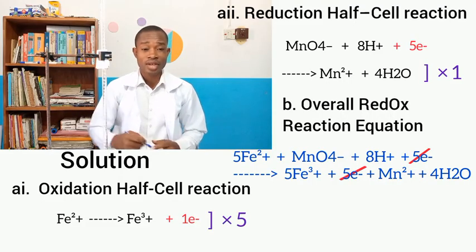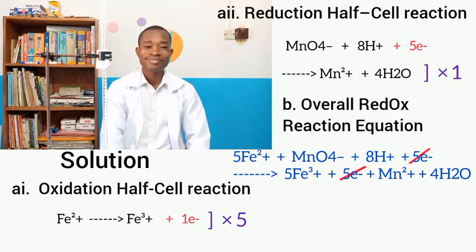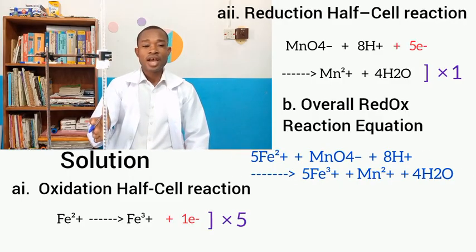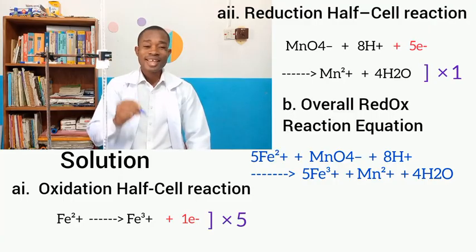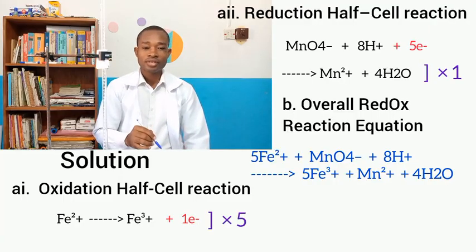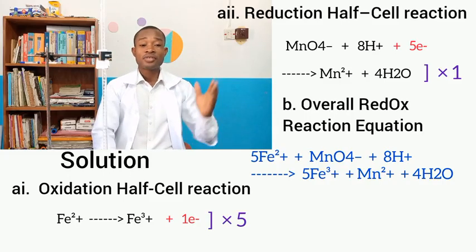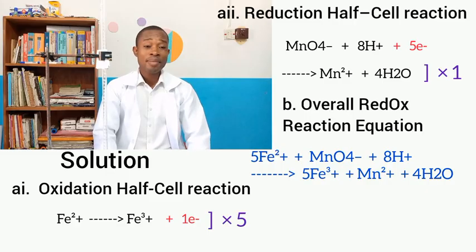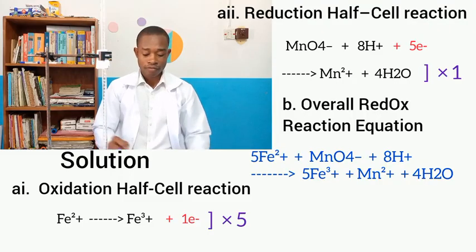So the 5 electrons cancel out, and then the overall redox reaction equation becomes, in the reactant side, 5 Fe2+ plus MnO4- plus 8 H+. And that gives us our product, 5 Fe3+ plus Mn2+, that's manganese 2 ion, plus 4 molecules of water.